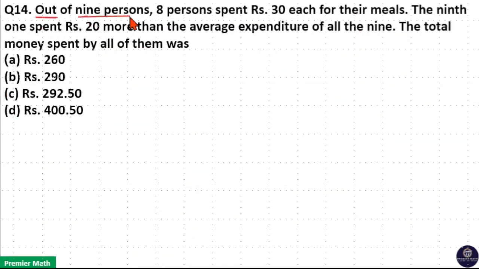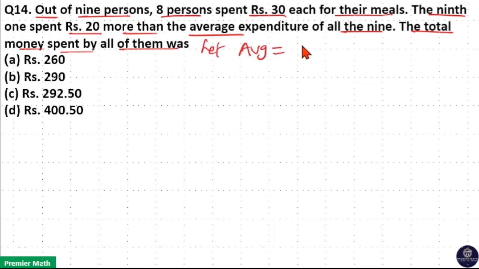Out of 9 persons, 8 persons spend rupees 30 each for their meal. The ninth one spent rupees 20 more than the average expenditure of all the 9. The total money spent by all of them was... let us consider the average expenditure of all the 9 people as A. Then 8 people spent rupees 30 each for their meal.